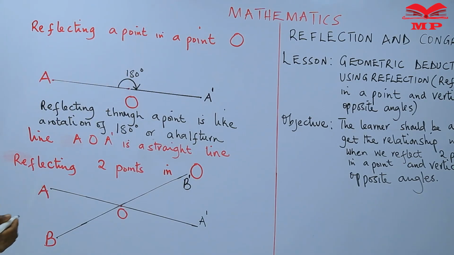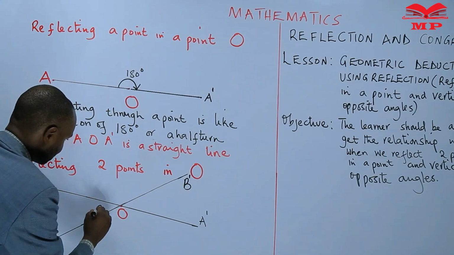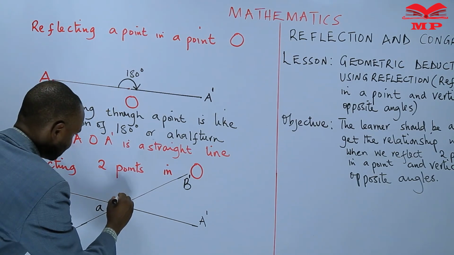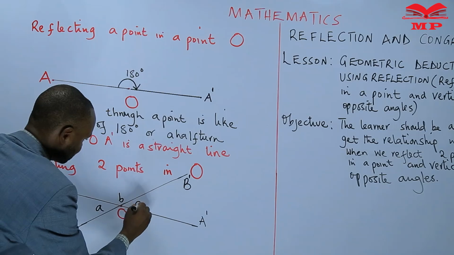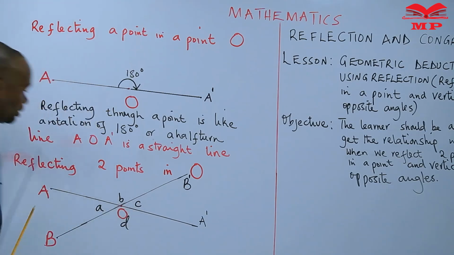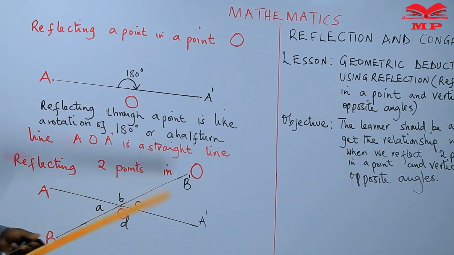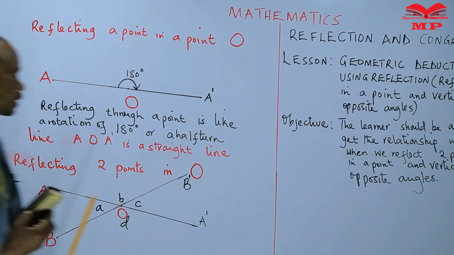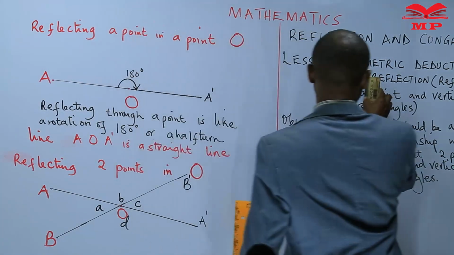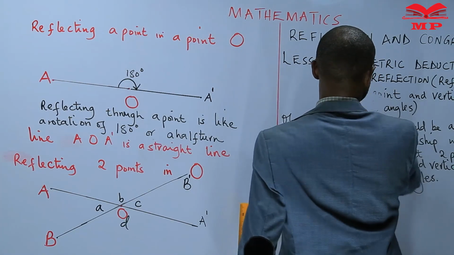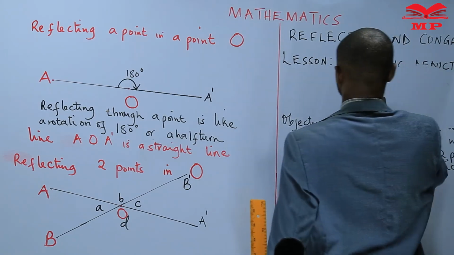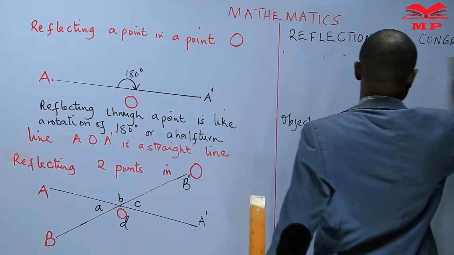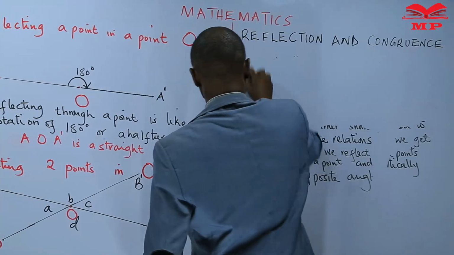I can call them angle A, angle B, angle C, and angle D. A, O, and A prime are straight lines.